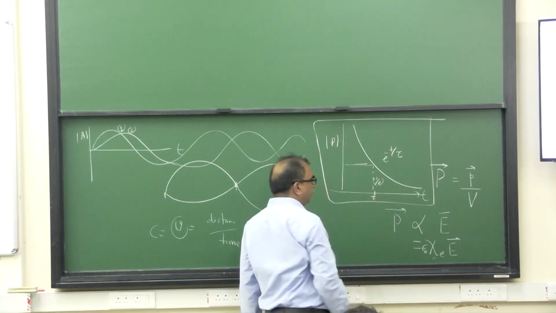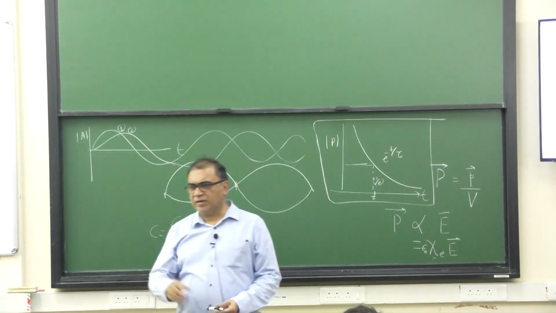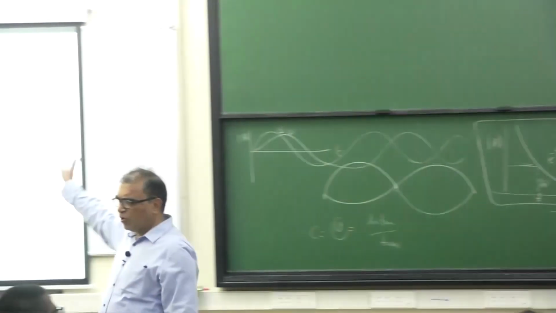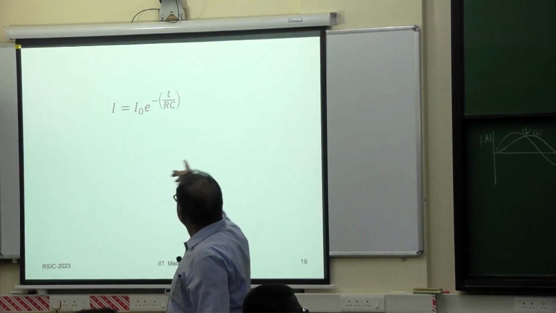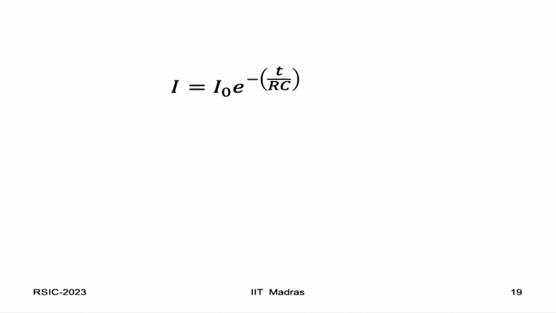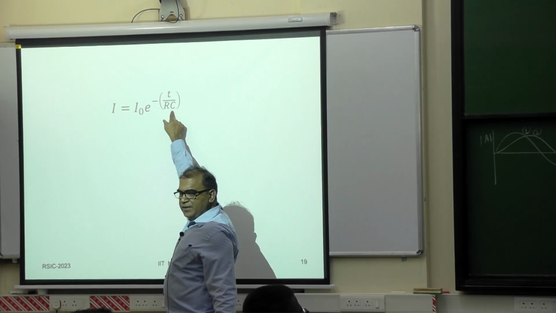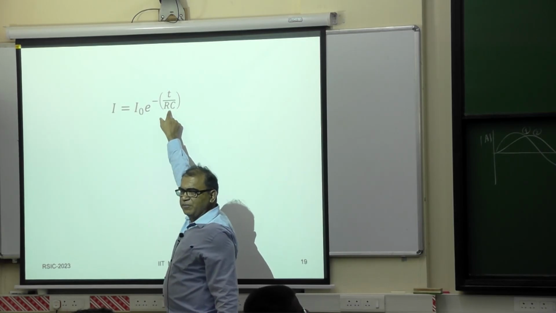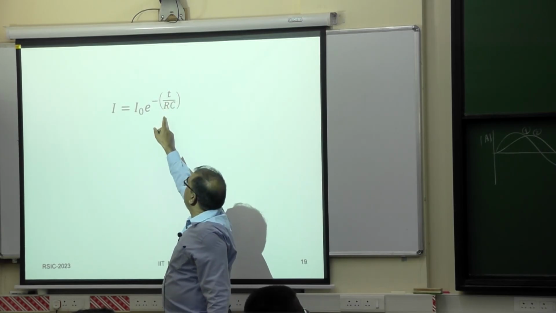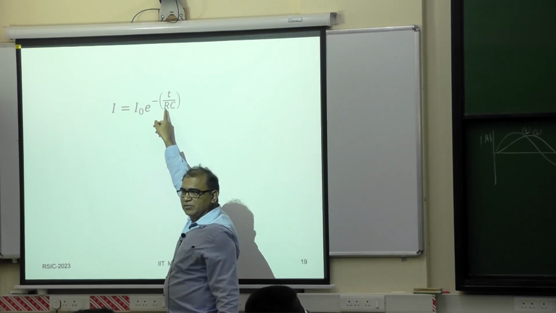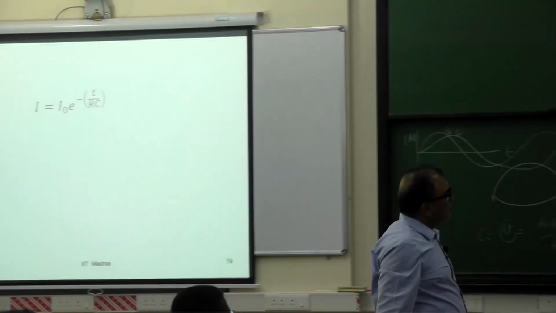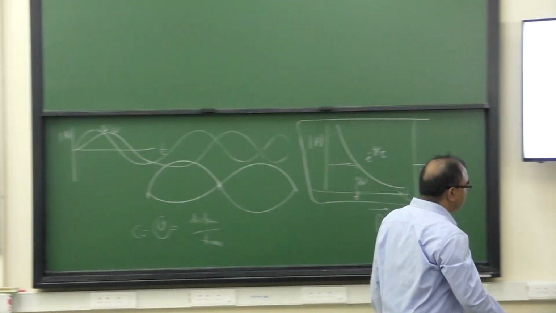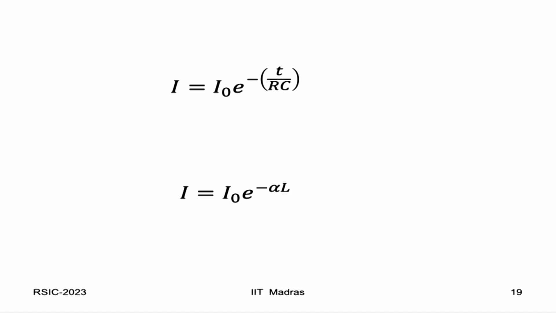It's not very extraordinary mathematics. I thought maybe at least you know this, e to the power minus t by RC. Here R is the resistance, C is the capacitance, and RC is the time constant. Therefore this argument has no dimensions, and tau has dimensions of time. This is the well-known formula for charge and discharge of capacitors. So I wanted to tell you this.